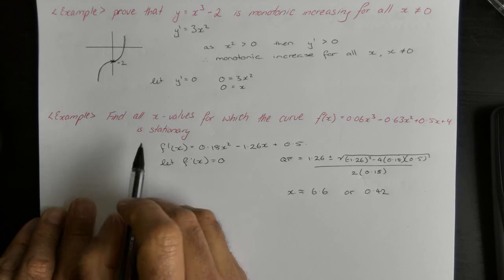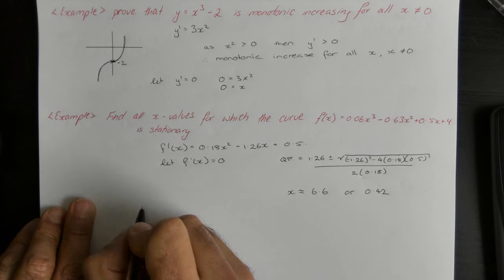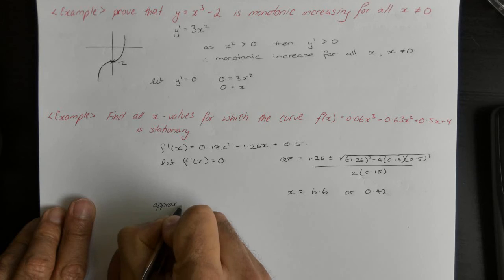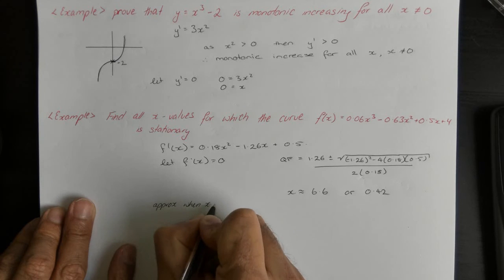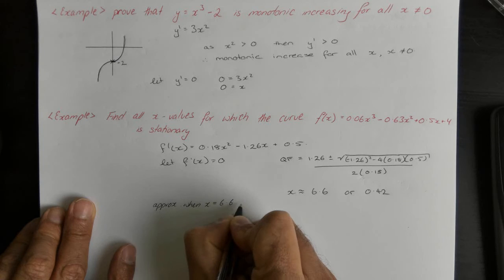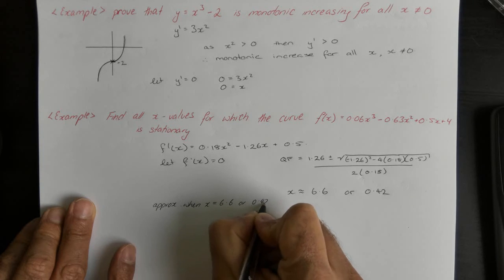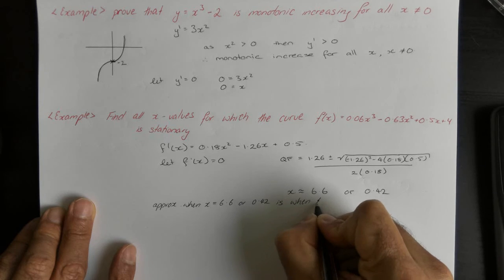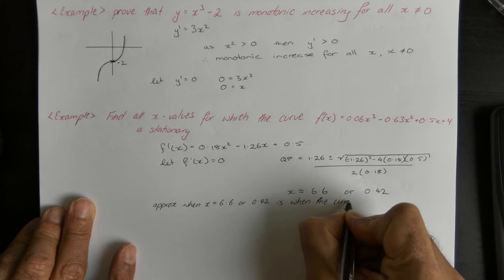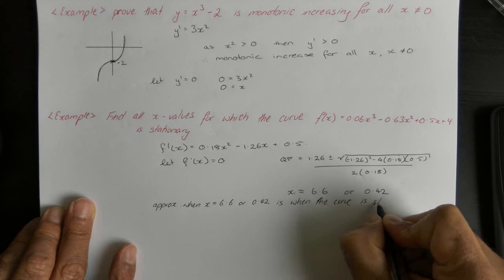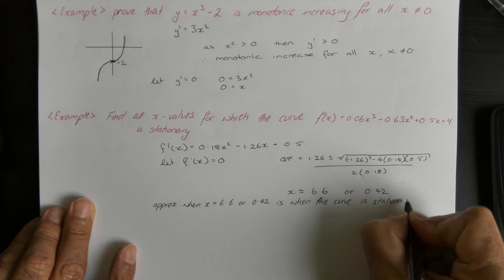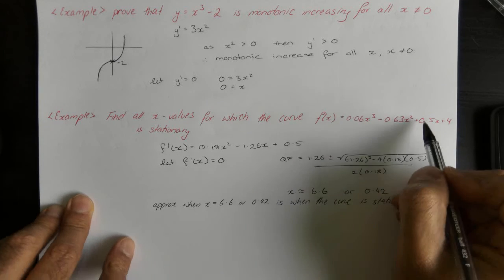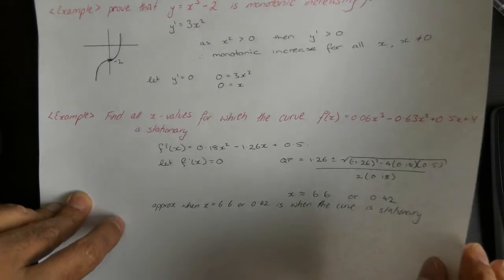So the curve is stationary when x equals 6.6 or 0.42. Knowing that it's a cubic, that sounds correct, having two stationary points.